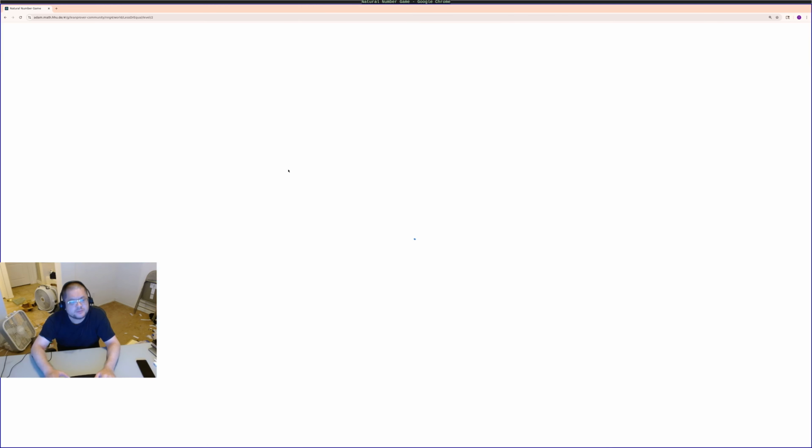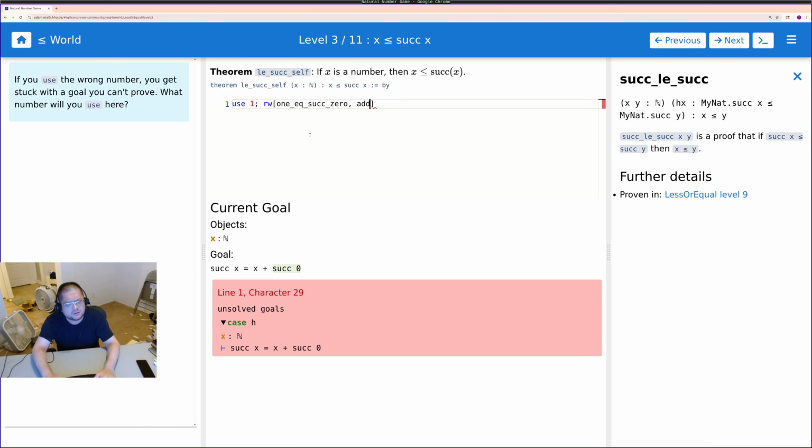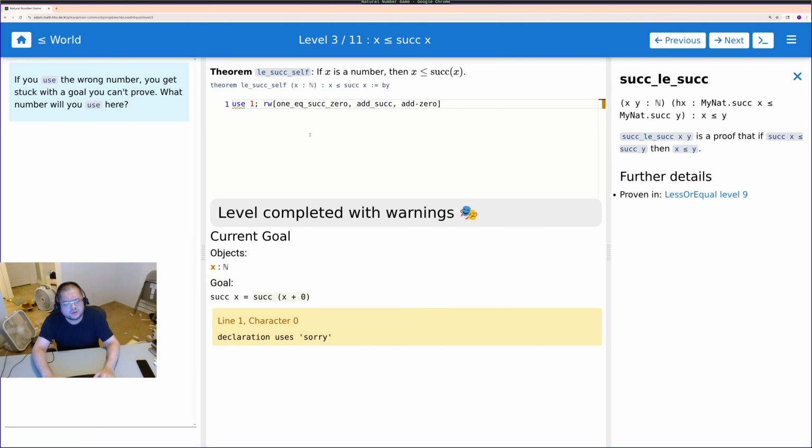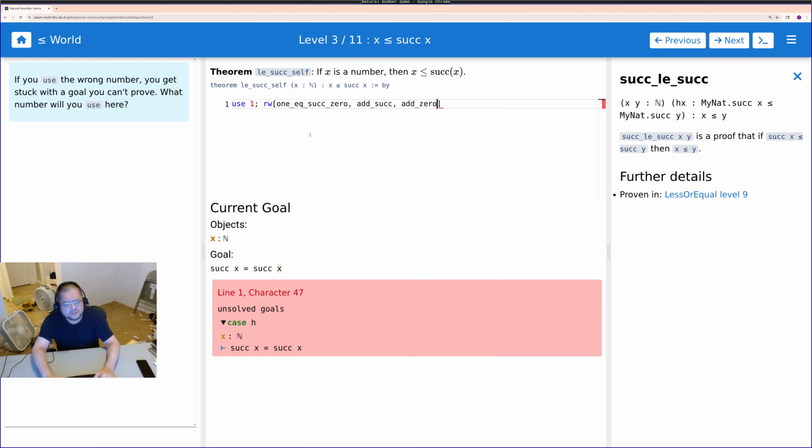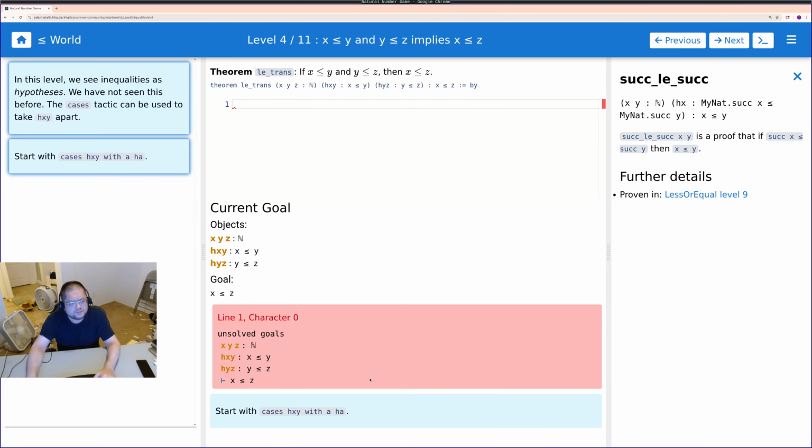We're going to do use 1. Okay. We're going to take the difference between the two and add it up with the value that we use.